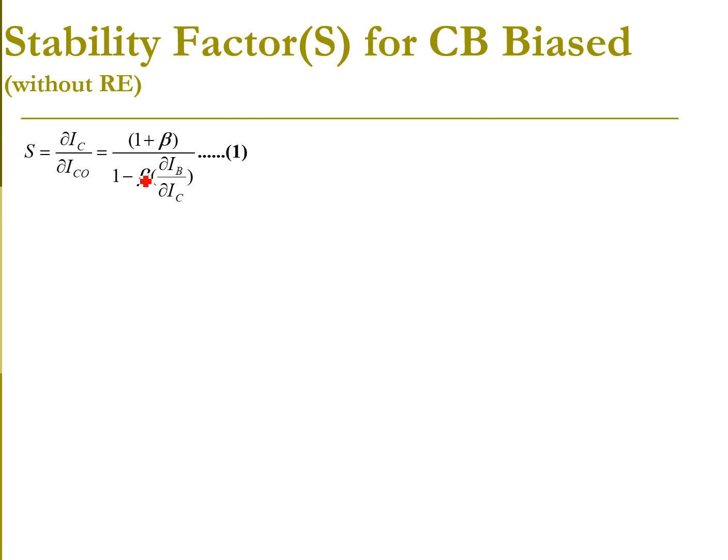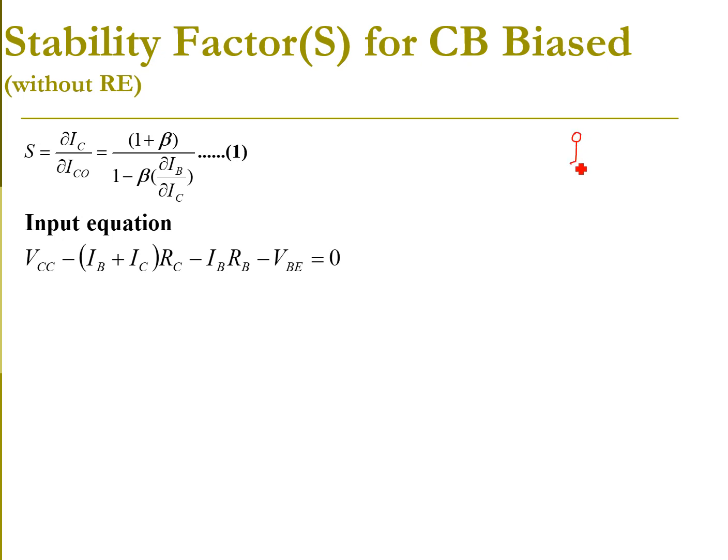To get the equation of stability factor for collector to base bias circuit, you have to find out del IB by del IC. For that, we are making use of the input equation of the base. So this was the input equation. Let's understand again.